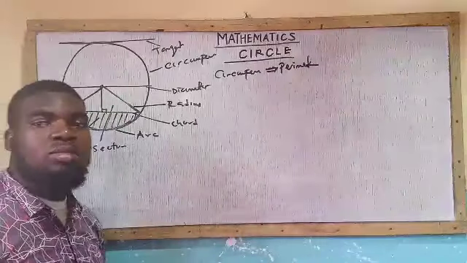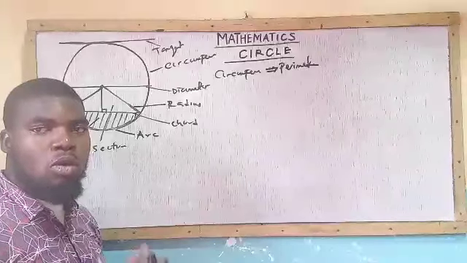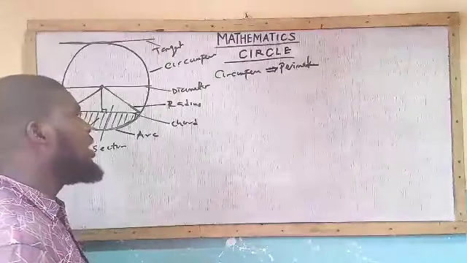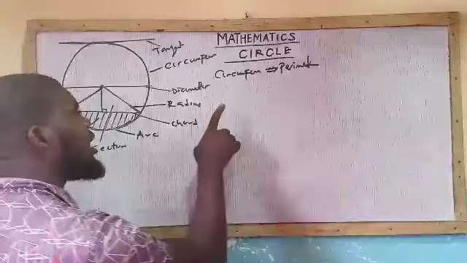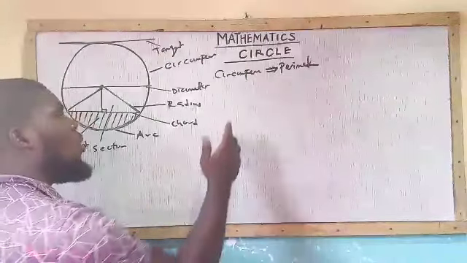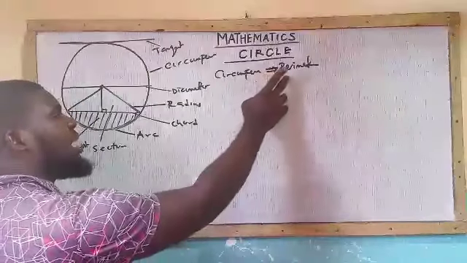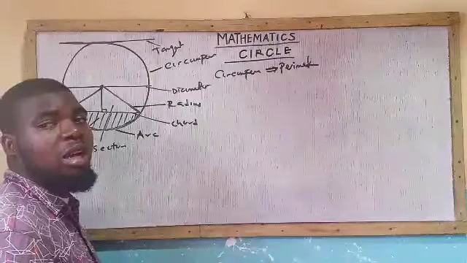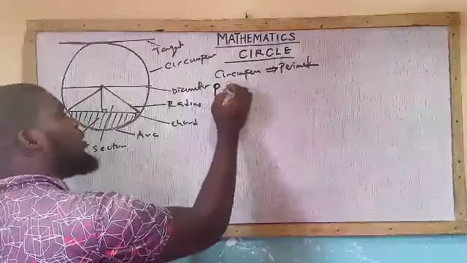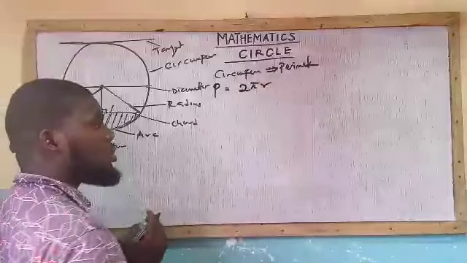What is perimeter? The perimeter is the total distance covered by the shape. Whenever we are asked to calculate the perimeter of a circle, or the circumference of a circle, we quickly know that they are asking for the same thing. The perimeter of a circle is given as 2 pi r.